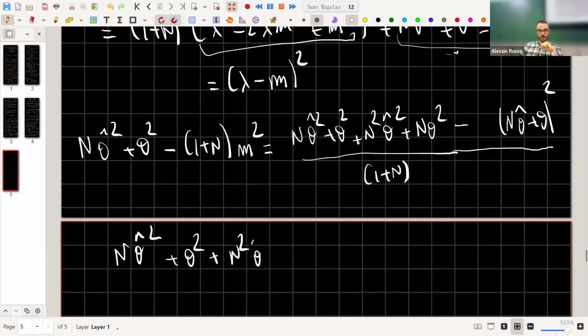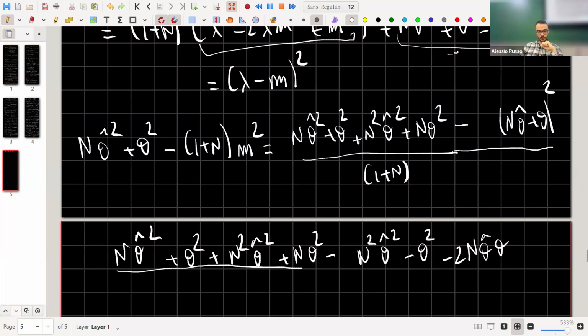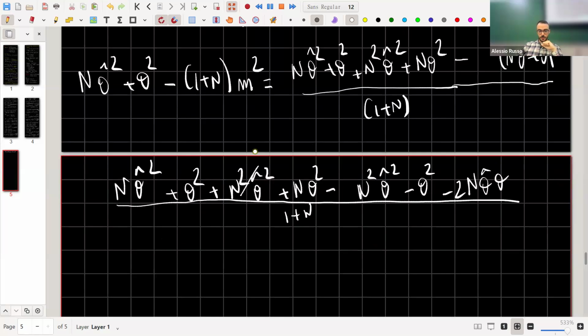n squared theta hat squared plus n theta squared minus n squared theta hat squared minus theta squared minus 2 n theta hat theta, divided by 1 plus n. So we simplify these two quantities. We simplify also this one.